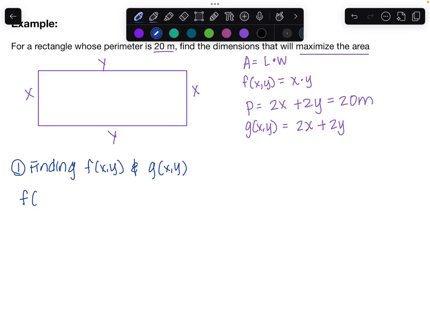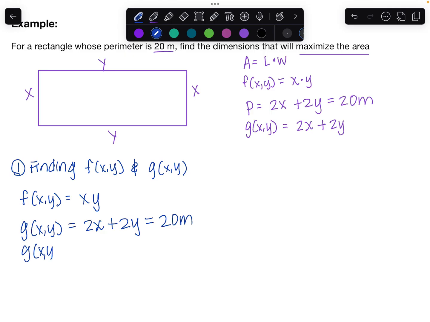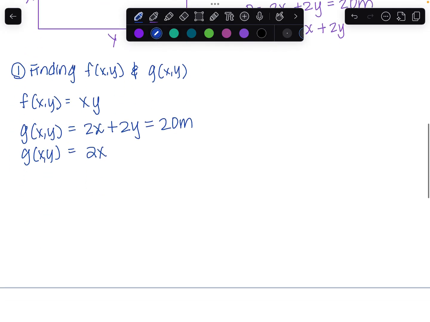So f of x is equal to xy. G of x is equal to 2x plus 2y equals 20 meters. Then we need to make this equal to 0. By doing that, it's going to be 2x plus 2y minus 20 meters is equal to 0.